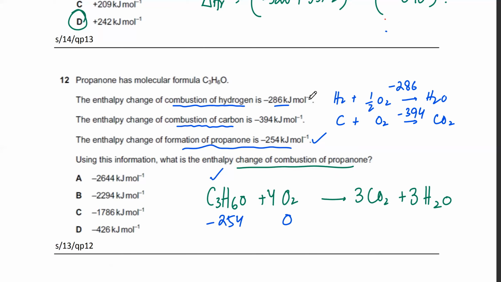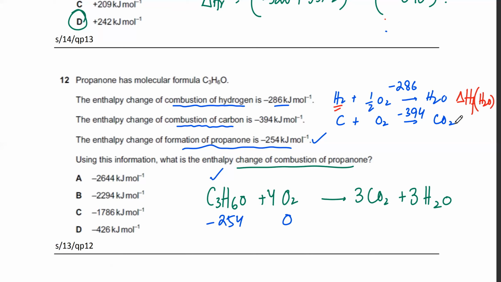So the thing is that, remember we discussed that certain reactions can have multiple labels. He's calling it enthalpy of combustion of hydrogen. We can call it the enthalpy of formation of water because both labels represent the same enthalpy change and the same reaction. Enthalpy of formation of water represents 1 mole of water being produced from its elements. The enthalpy of combustion of hydrogen represents the same reaction.